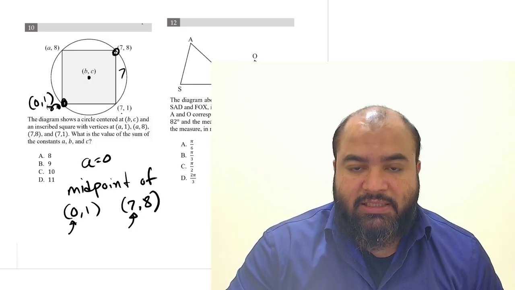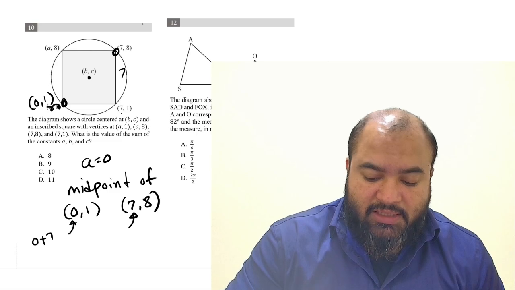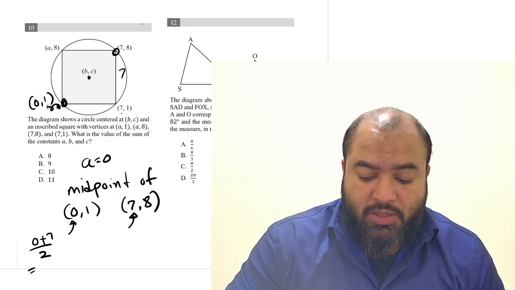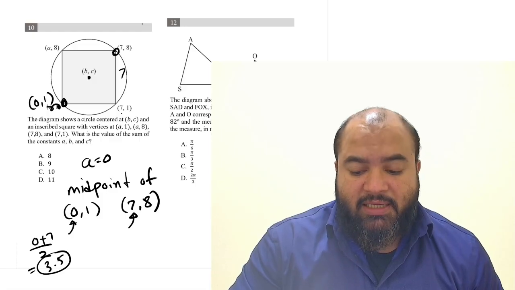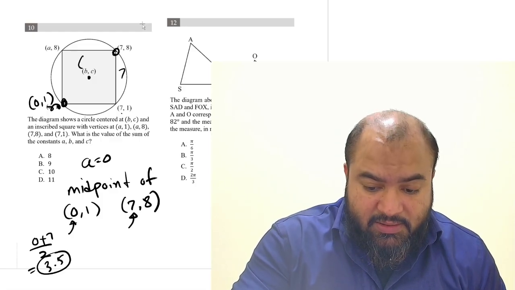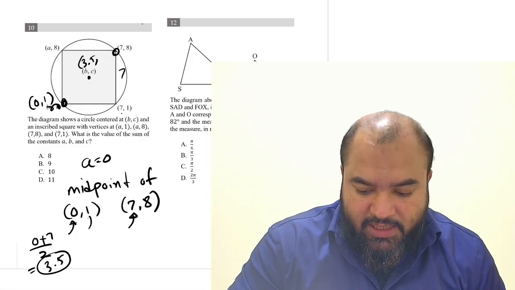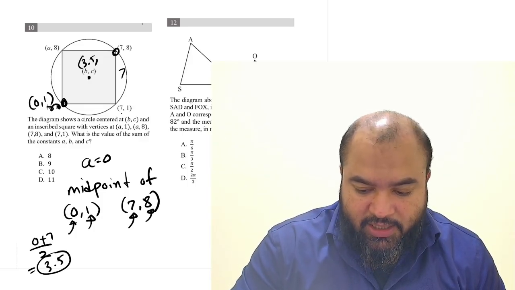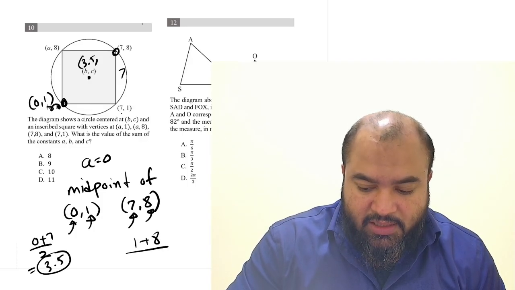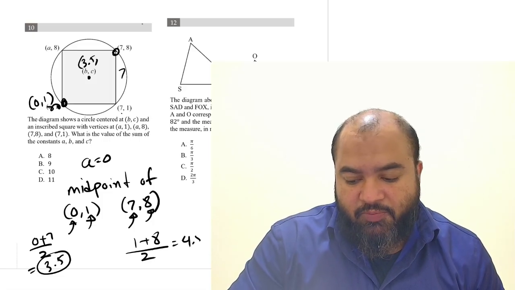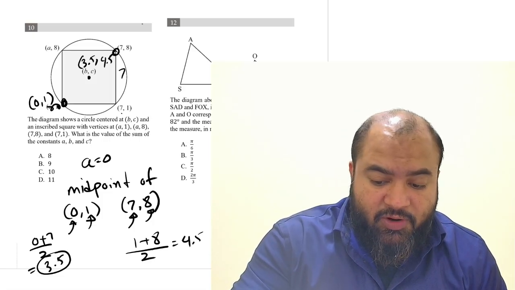So 0 plus 7, that's 7, divided by 2. So that will be 3.5. So that's the x coordinate of the midpoint. So B is 3.5. How do I find C? C will be the sum of the y coordinates, which is 1 plus 8, divided by 2. So that's 4.5. So C is 4.5.